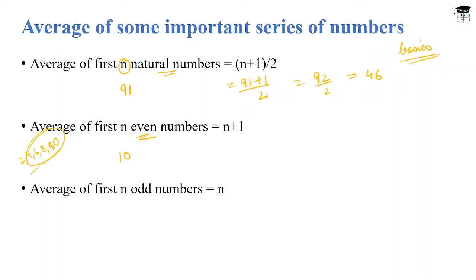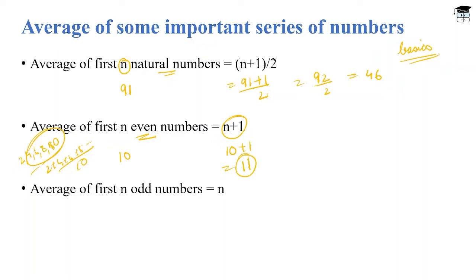You don't have to add 2 plus 4 plus 6 plus 8 and so on and divide by 10. You just have a simple thing here, that is n plus 1. So the average is 10 plus 1, which is 11. So the answer is 11.